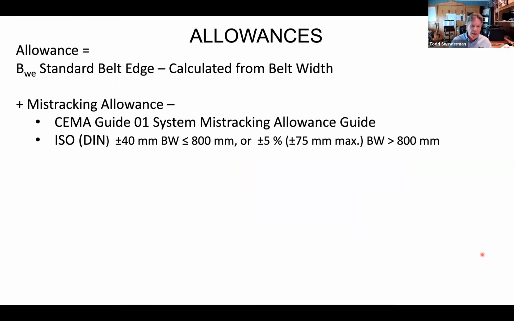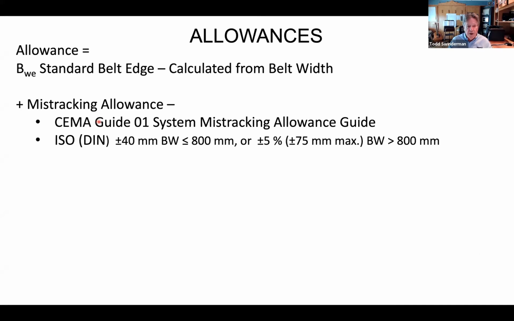The mistracking allowance. CEMA has a mistracking allowance guide, and ISO also has some recommendations. So you can choose whichever way you want to go, but typically the CEMA system is based on standard CEMA components. So if you're using standard CEMA components, you'd want to look at the CEMA system.